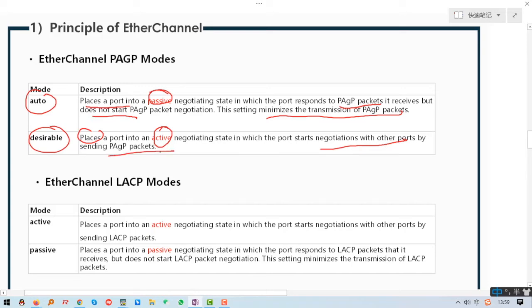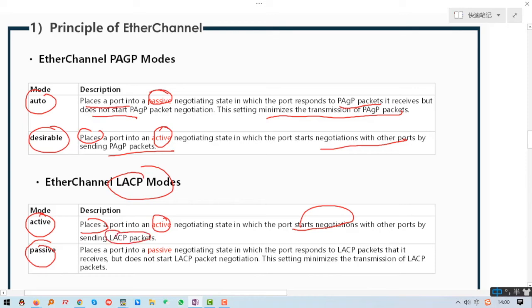And the other mode, LACP, also has two negotiation modes, including active mode and passive mode. Active mode means placing a port into an active negotiating state, in which the port starts negotiations with other ports by sending LACP packets.